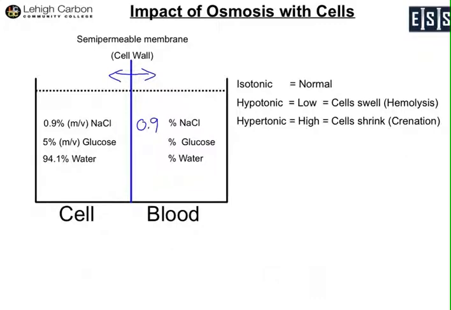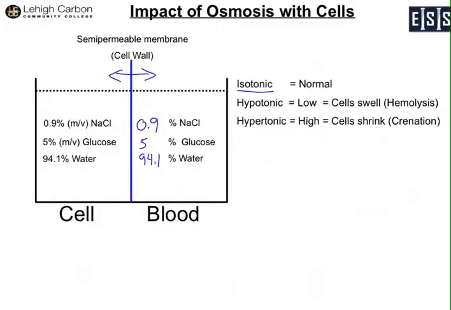So you should have 0.9% sodium chloride, 5% glucose, and the remainder 94.1% water. And if your blood is in balance with your cells, they say your blood is isotonic, which means you're at the normal levels of 0.9% salt and 5% glucose.